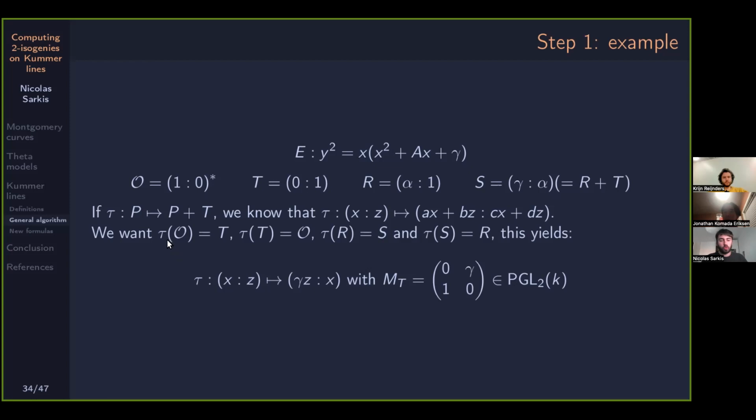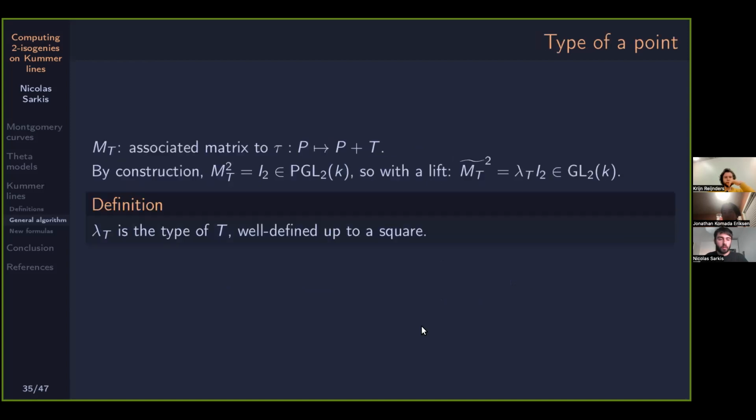I know that tau of O is equal to O plus T, so it's T. Tau of T is T plus T, so it's O. Tau of R is R plus T, so it's S, and tau of S is R. And you get that tau is just the homography xz sent to gamma z x. With a homography, one known fact is that you can always describe it by a matrix of PGL2. So here the matrix will be 0, gamma, 1, 0. And we will be using this matrix to describe the translation map.